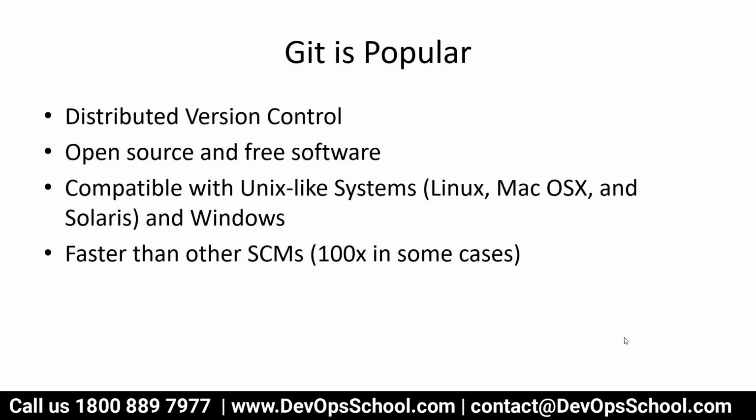Why are we saying Git is distributed? You will come to know in a few minutes. But Git is a distributed version control, and because of this, Git is faster than other SCM tools of the past, maybe even 100x faster. These are some of the reasons.